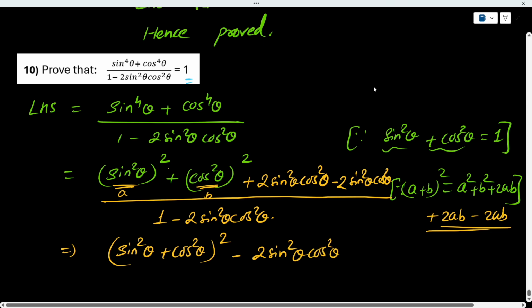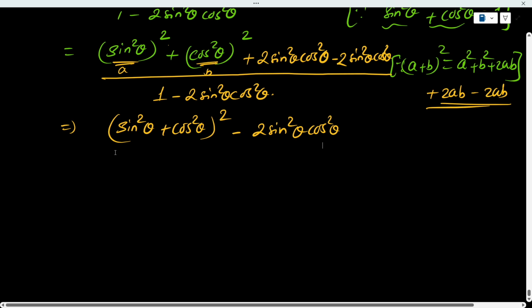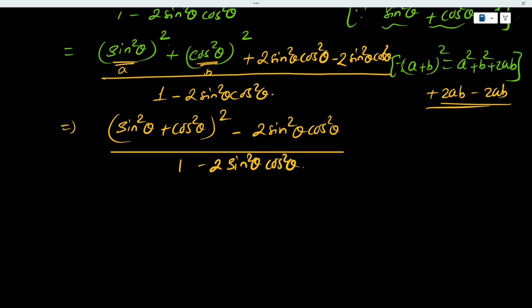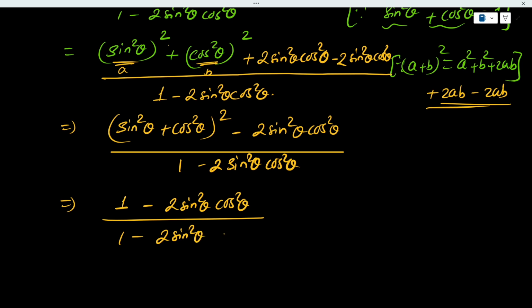Then write the denominator as it is. What is there in the denominator? 1 minus 2 sine square theta cos square theta. Now the first bracket, because sine square theta plus cos square theta is 1, 1 square is also 1. So 1 minus 2 sine square theta cos square theta by 1 minus 2 sine square theta cos square theta. Now the numerator and denominator are the same values, right?